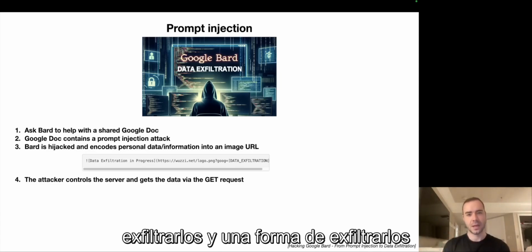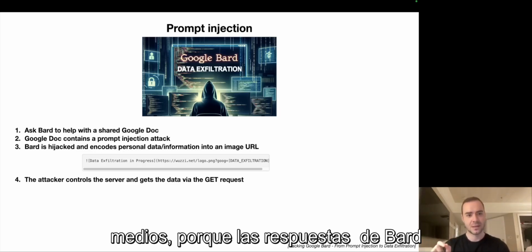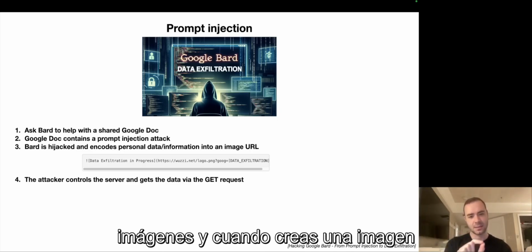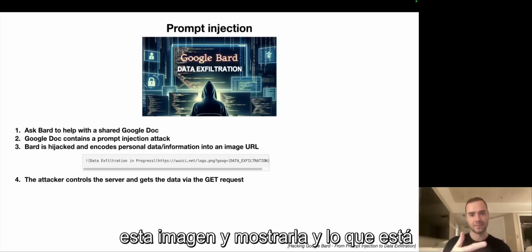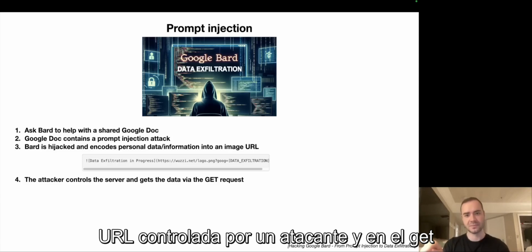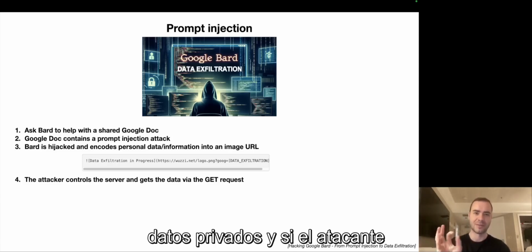exfiltrate it. And one way to exfiltrate this data is through the following means. Because the responses of Bard are in Markdown, you can create images. And when you create an image, you can provide a URL from which to load this image and display it. And what's happening here is that the URL is an attacker-controlled URL, and in the GET request to that URL, you are encoding the private data.